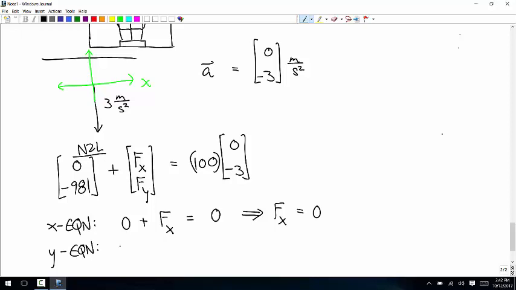And the y equation says negative 981 plus Fy is equal to negative 300.